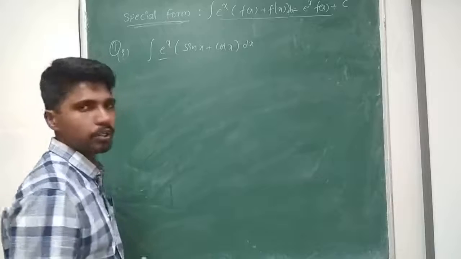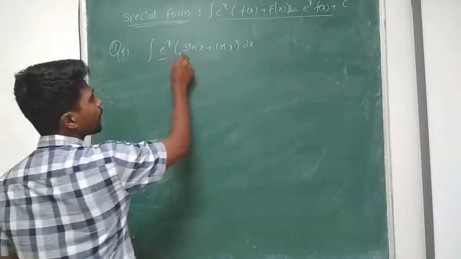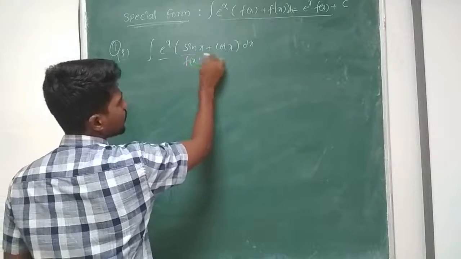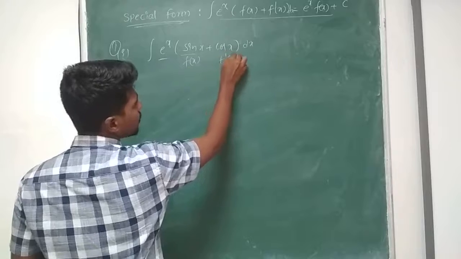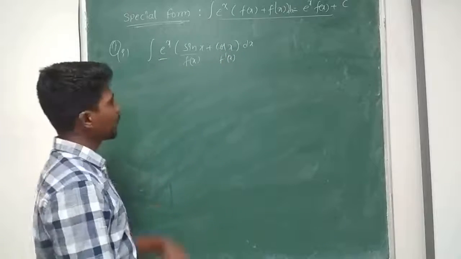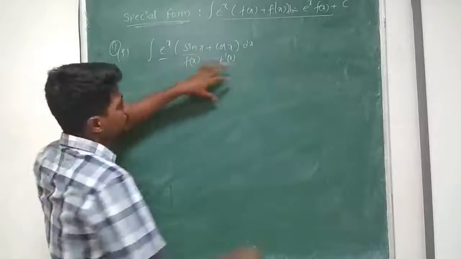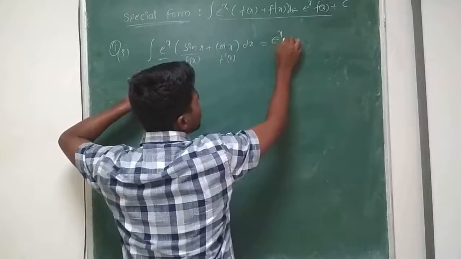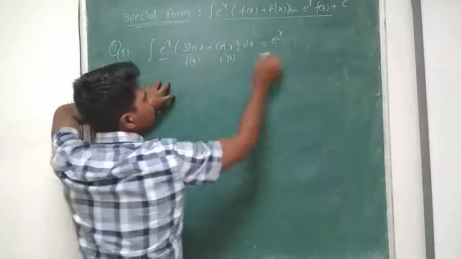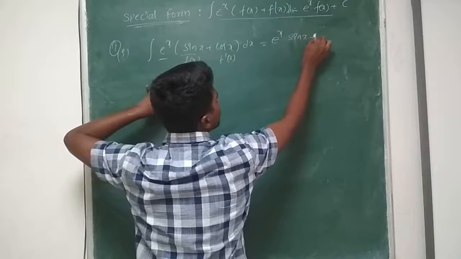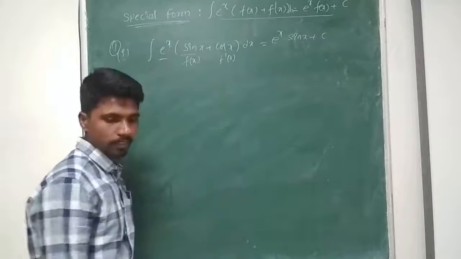Which one can I substitute as f(x)? If I take sin x as f(x), its derivative is cos x, which is f'(x). So I have f(x) + f'(x) times e^x dx. So my answer, e^x f(x), is e^x sin x plus a constant c.